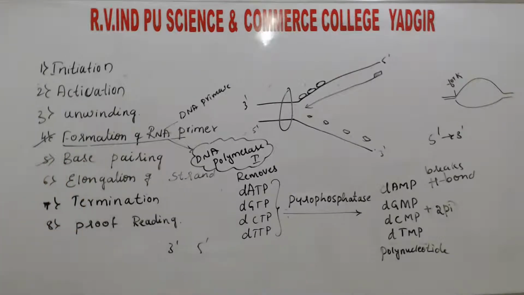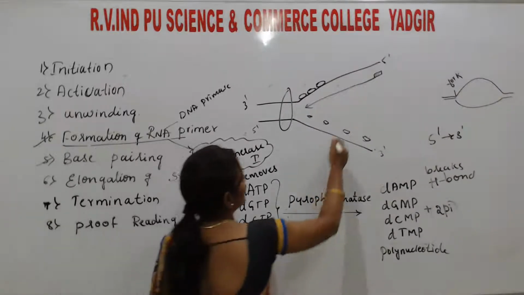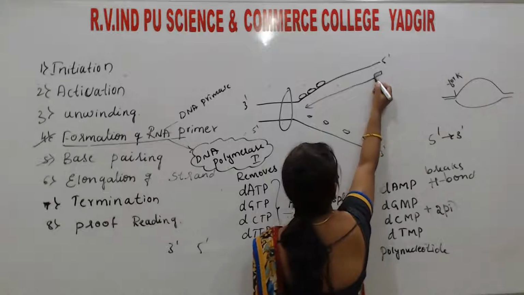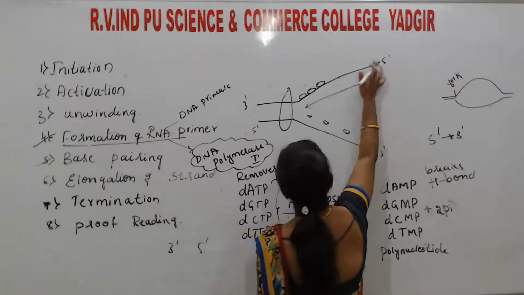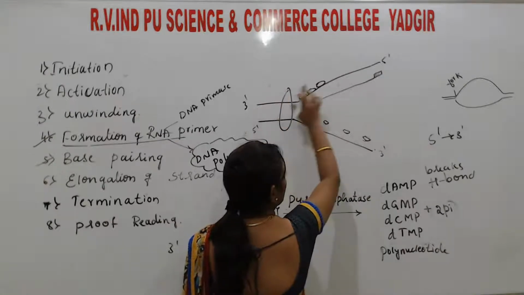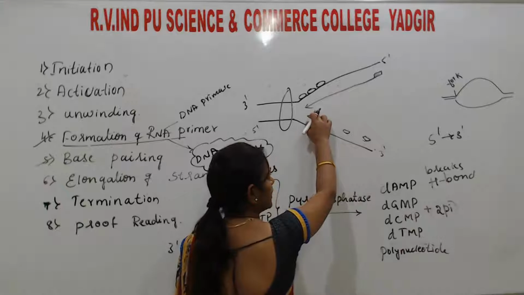After this, while forming this, you can see the RNA primer gives rise to the strand in the 5' to 3' direction, and the phosphodiester bond is created.